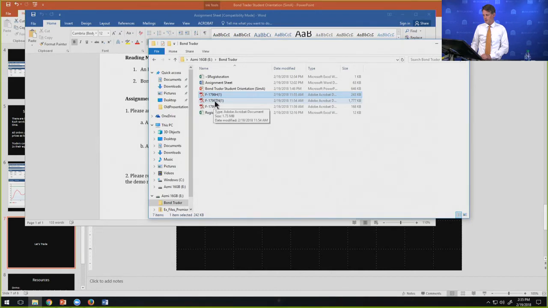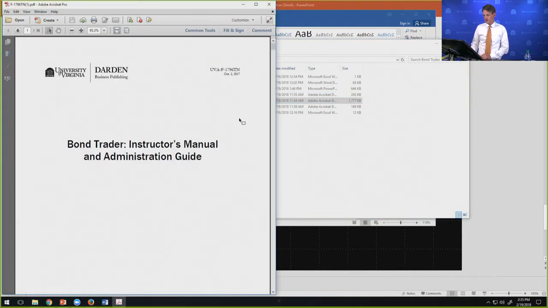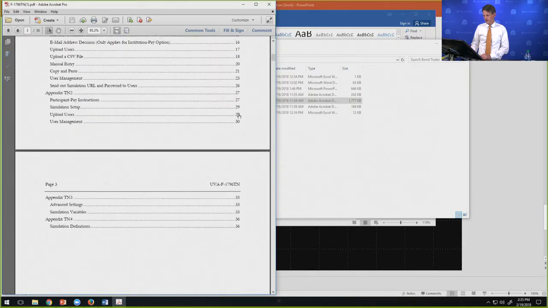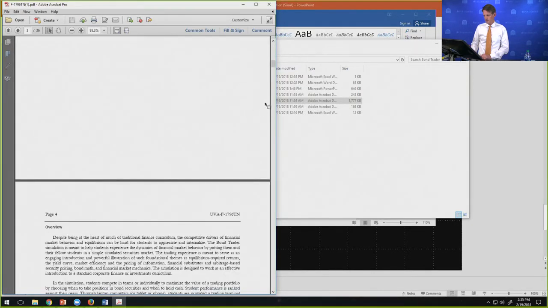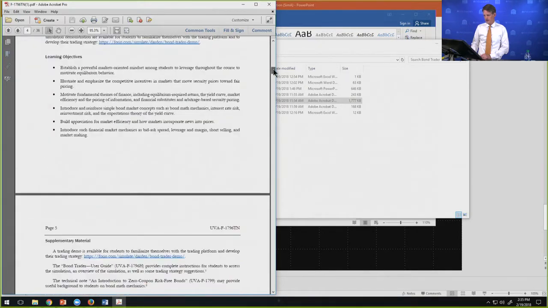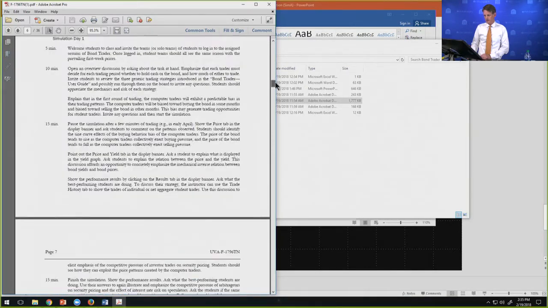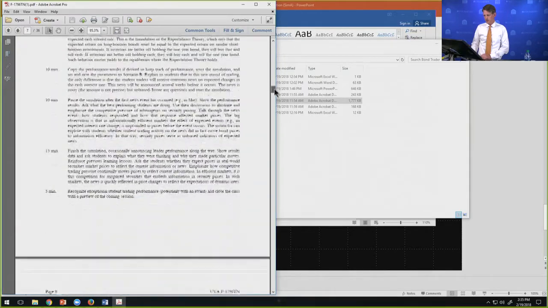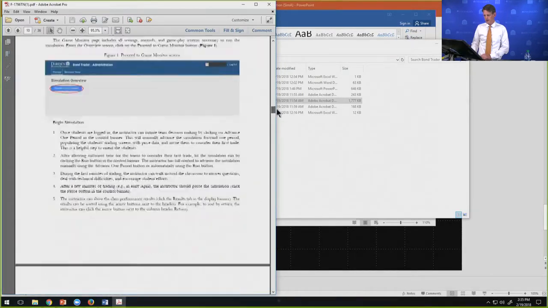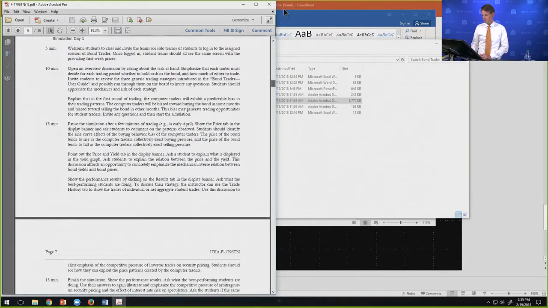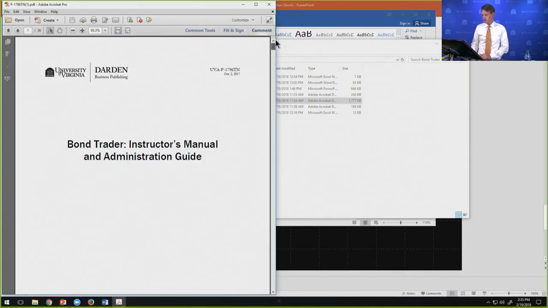And then for the instructors, there is a whole user's manual that goes through all the details of how the simulation works: the thinking behind it, learning objectives, and the teaching plan. In this case, we do days 1 and 2, and then all the setup and the parameters that you might need as part of that. So those are the resources that are provided.